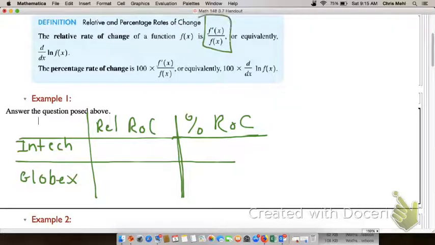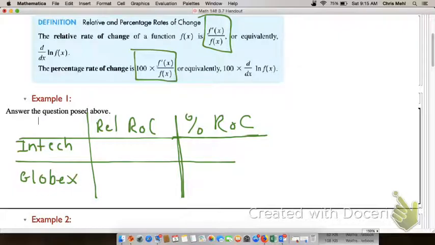So right here, that's your relative rate of change. And if you multiply that quantity by 100, you get what's called the percent rate of change. Basically this is saying how much the quantity is changing relative to the value of that quantity itself.